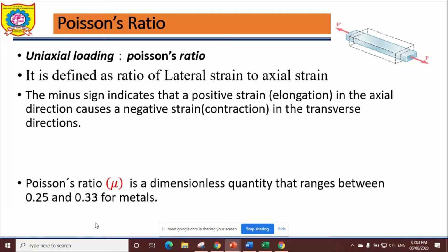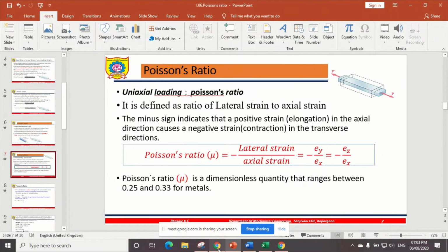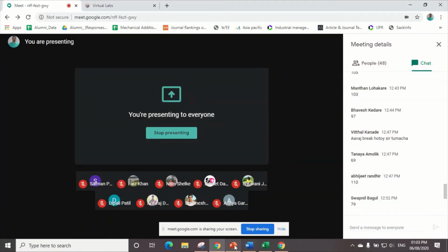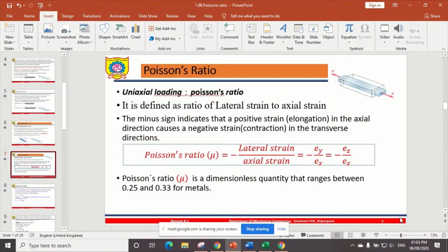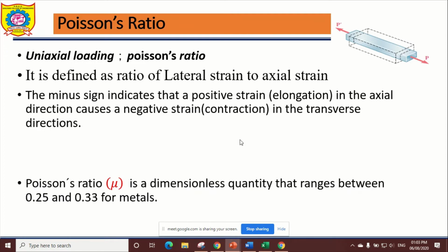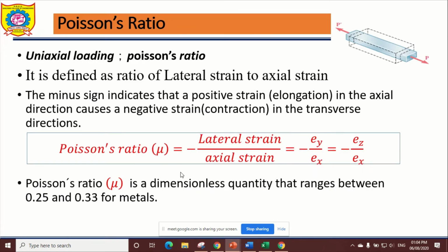So if you want a very soft material, then what should be there? Should the lateral strain be less or more? So the Poisson's ratio will be minus lateral strain over axial strain.